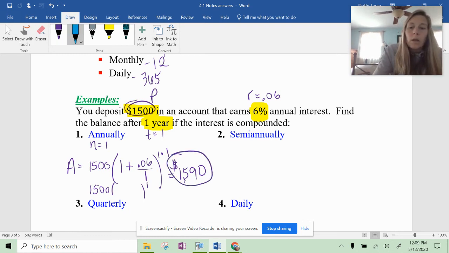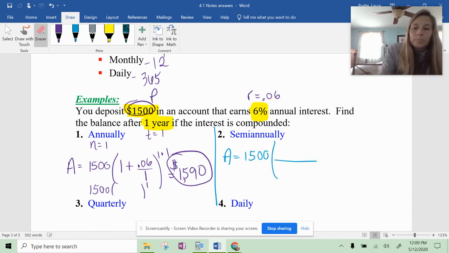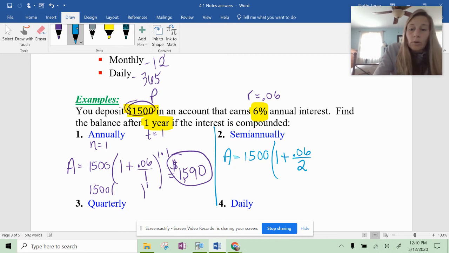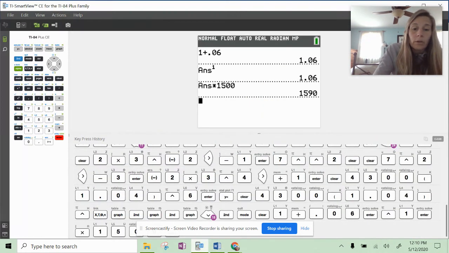All right, so let's try semi-annually. So this time I'm still having my same initial investment of $1,500. I'm going to have the same rate of 6%, but this time I'm going to have it added on twice in the year. And then my exponent here is going to be 2 times 1. So what I would advise you to do is just do the parentheses on your calculator.